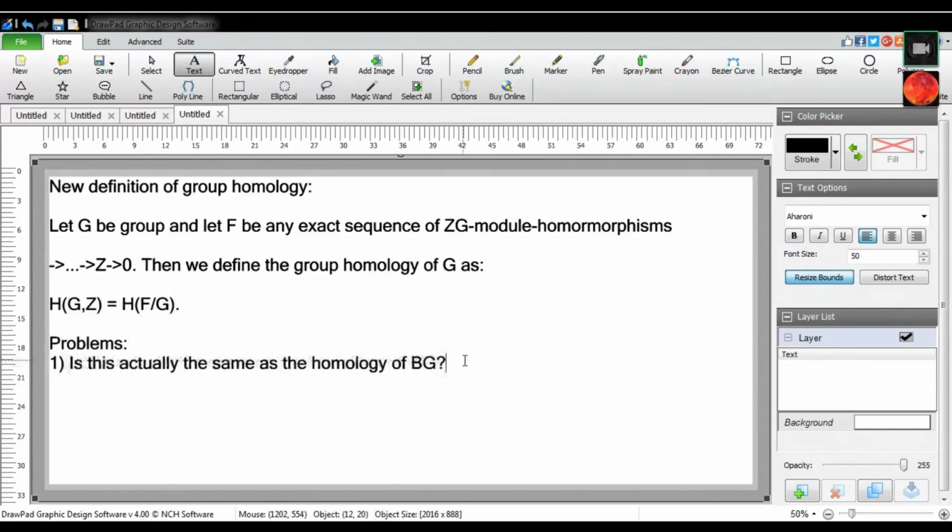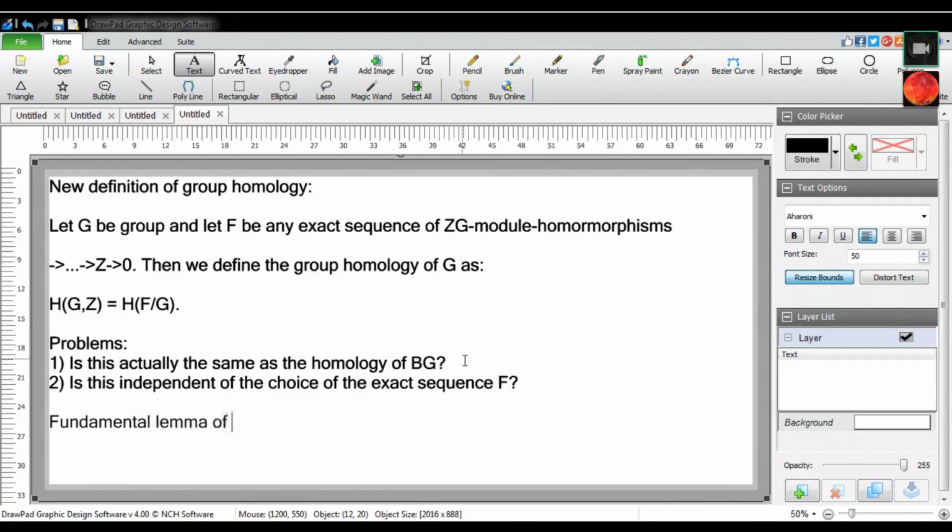But the problem number 2 is: is this independent of the choice of the exact sequence? This is a really tough question, but it has an answer, and this is called the fundamental lemma of homological algebra. Yes, the homology is independent of the choice of F.